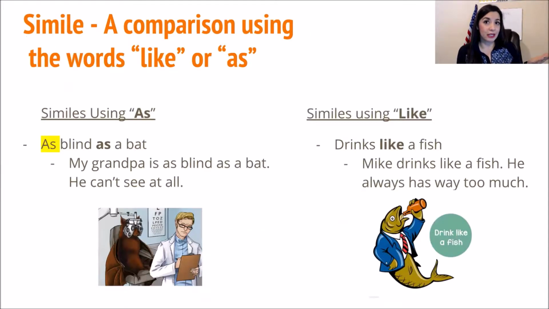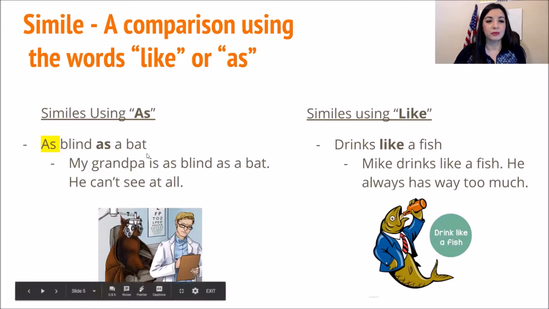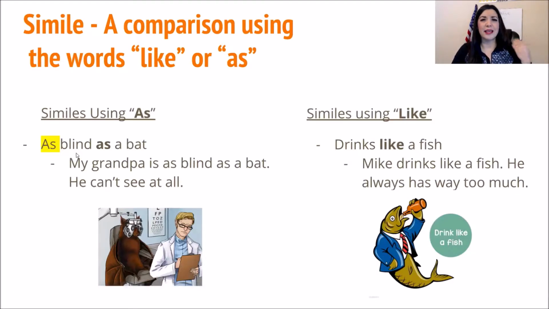What is a simile? It's a comparison using the words like or as. Let's look at as. As I said, as blind as a bat means not that bats are really blind, because I don't think they are blind, but what it represents is that bats cannot see.